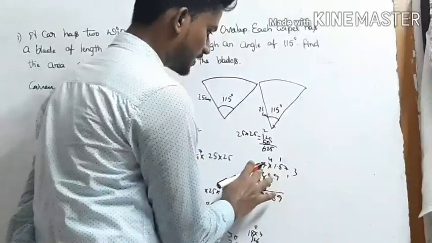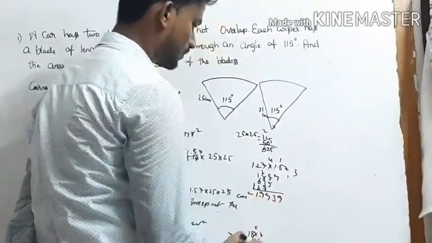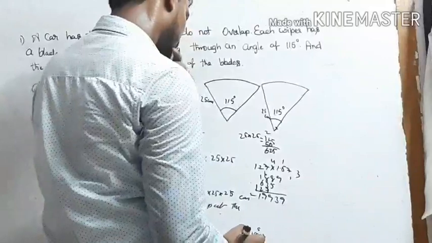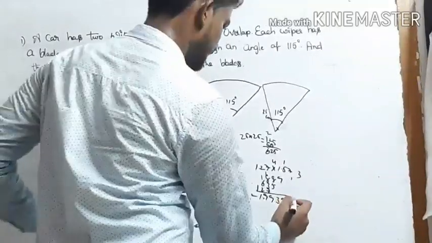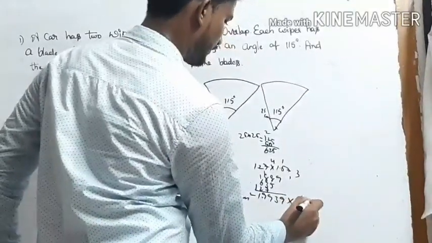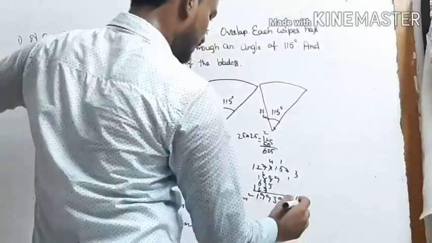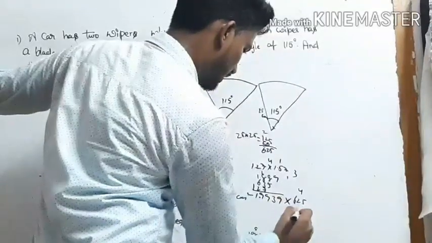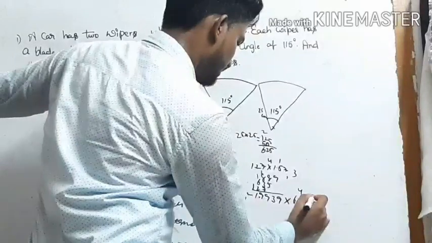Then the decimal points are 4. 1.9937 is the answer. Then into 625.